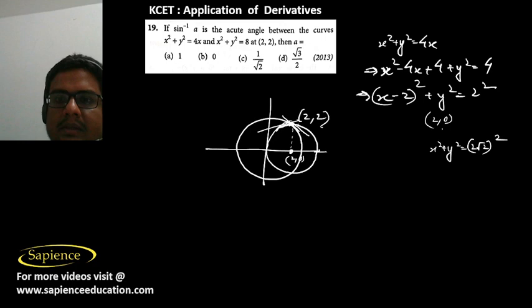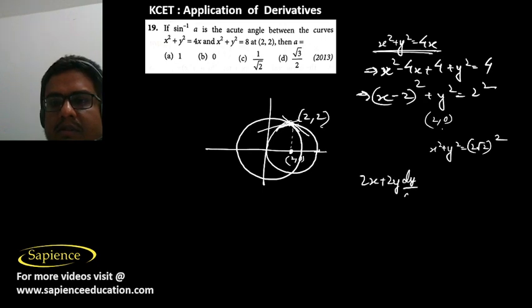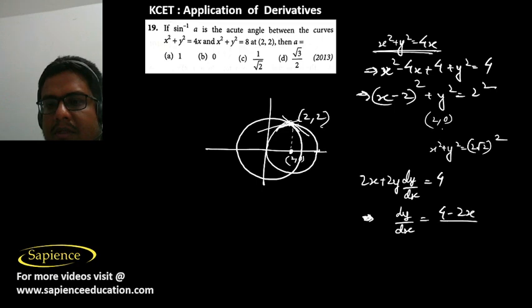If we differentiate with respect to x on both sides here, then we get 2x plus 2y dy by dx equal to 4, so dy by dx is 4 minus 2x by 2y.